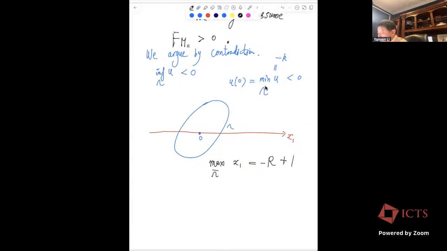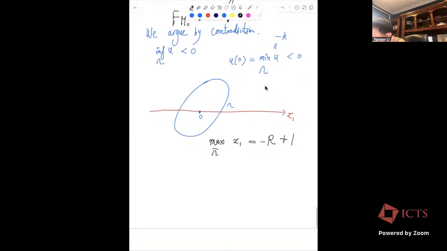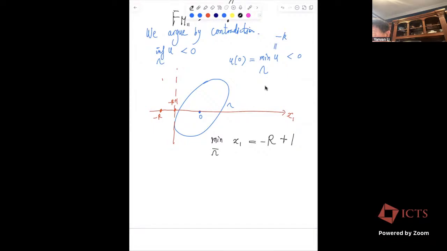So here is minus r, and here is minus r plus 1. I want it to be the inf. Okay, now we use a comparison function.